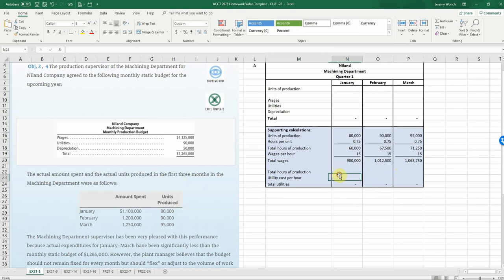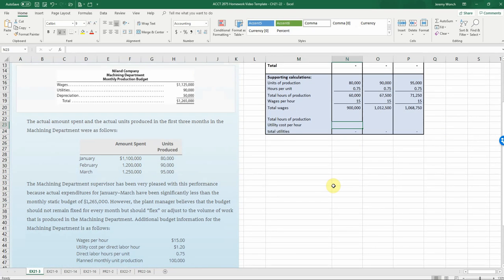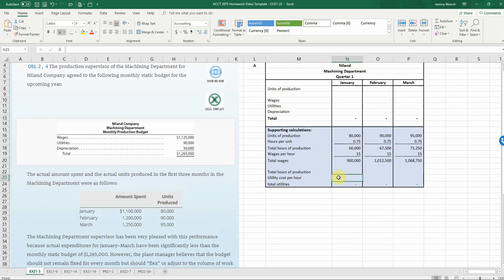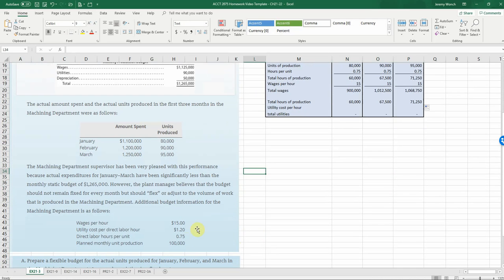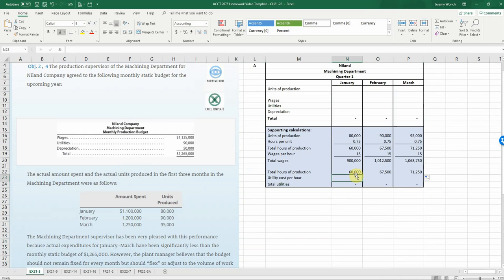And then for our production hours, to calculate utilities, we already have our hours produced right here. And our utility cost is $1.20 per utility hour.